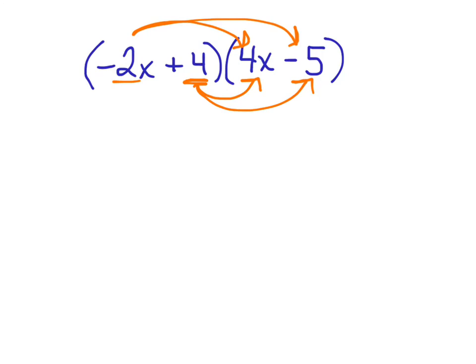And you may remember, if you've done this before in high school or another course, there is a little acronym to help you remember what you're doing for distributing, and that acronym is FOIL. FOIL stands for first, outer, inner, and last.